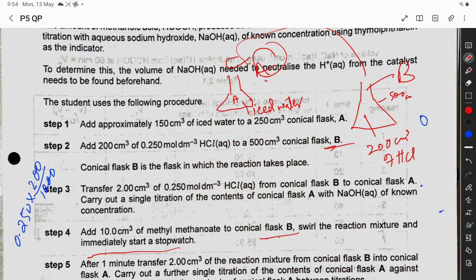Step 1. Add approximately 150 centimeter cube of iced water to a 250 centimeter cube conical flask. Let's say this is the 250 centimeter cube conical flask.